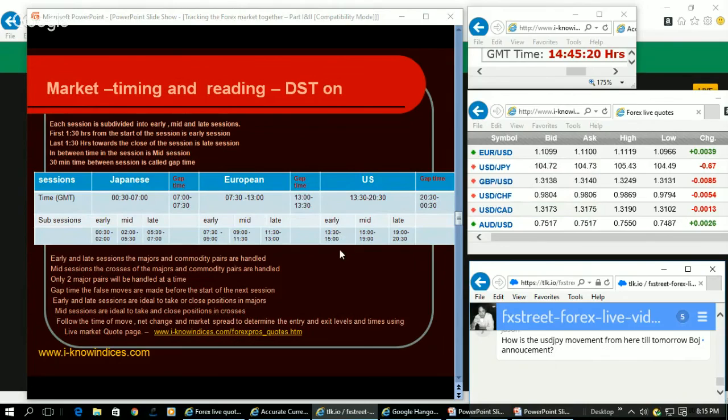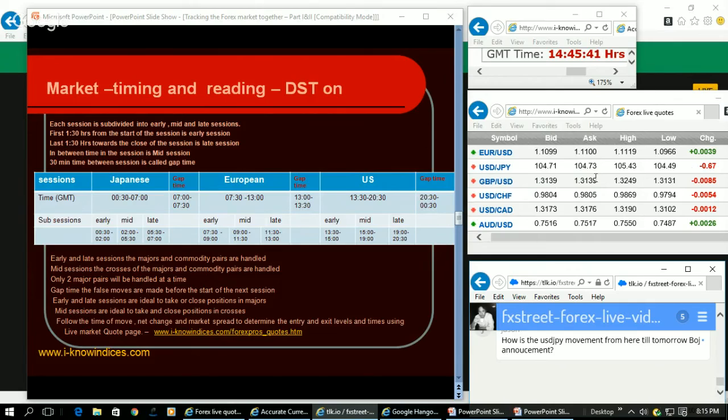Then 13:30 to 15:00 GMT is the early US session. Then 15:00 to 19:00 GMT is the mid US session. Then 19:00 to 20:30 is the late US session. The early and the late sessions, they handle the majors. In the mid session, they handle the crosses. That is what they are trying to do now.